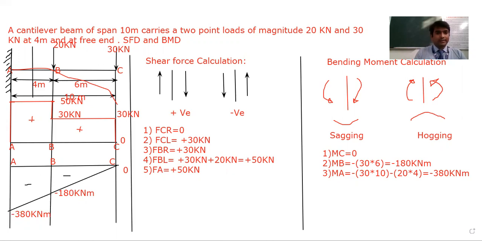So this is the shear force diagram, called SFD. And this one is called BMD, that is the bending moment diagram. So this is all about the shear force diagram and bending moment diagram.